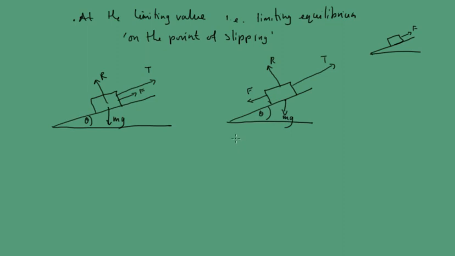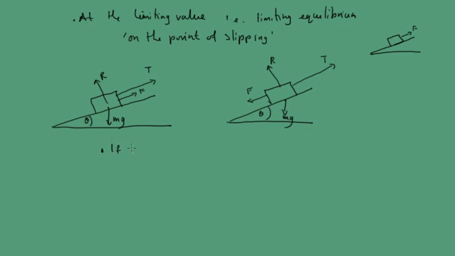When it's not clear what direction friction's acting in, we must make an assumption about what's happening in the subsequent motion. And we need to be aware of the significance of getting a negative value.